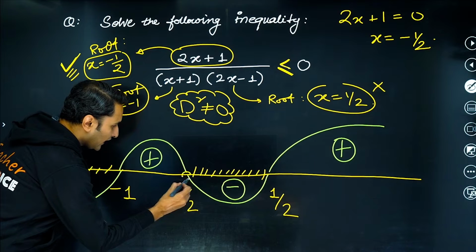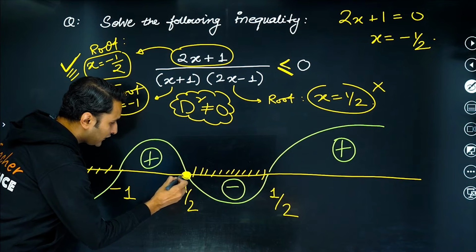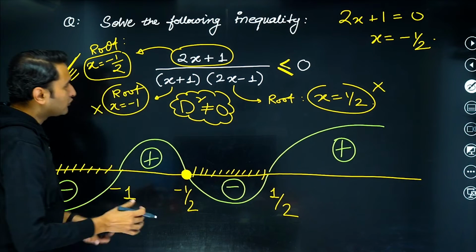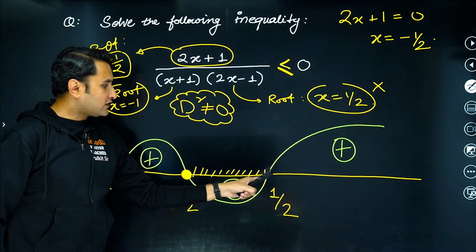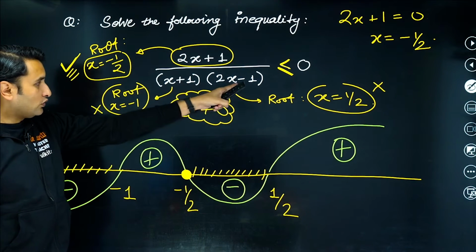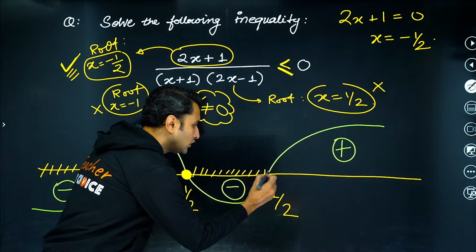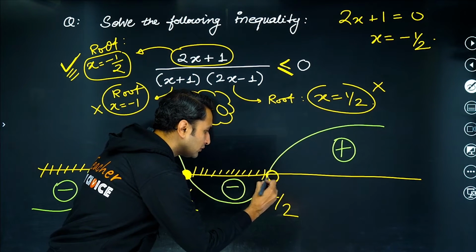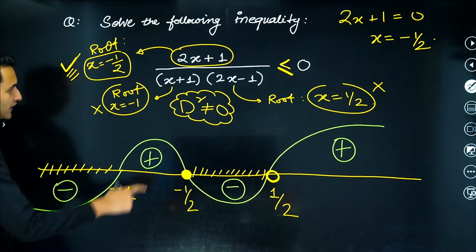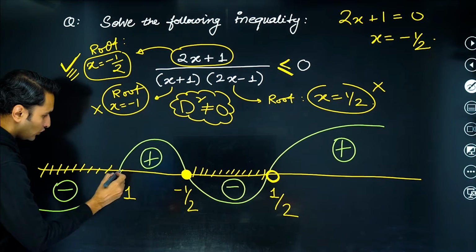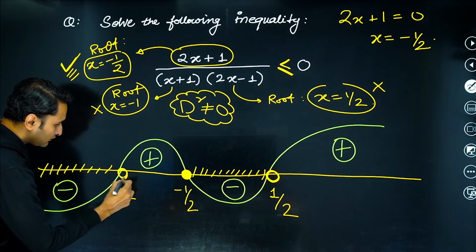Yes, I can include x is equal to minus half, because the numerator becomes 0 at x is equal to minus half. Can I include x is equal to half? No, the denominator cannot be 0. Open. Make it open, all of you, in your notebooks. Now, can I include x is equal to minus 1? No. Open. Make it open.